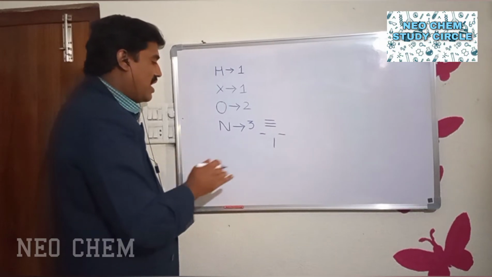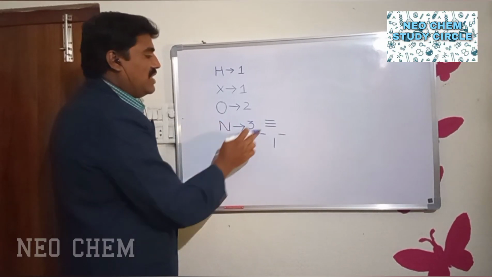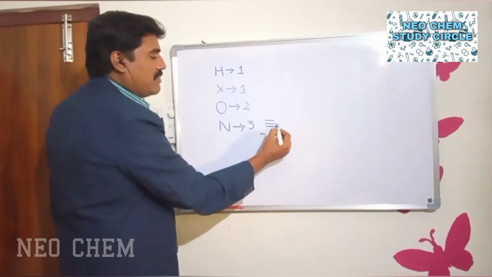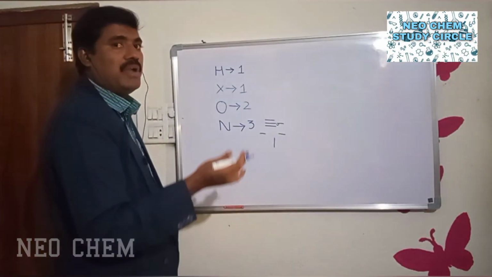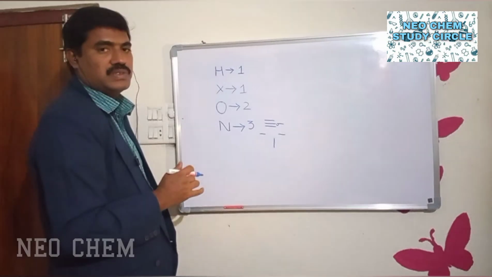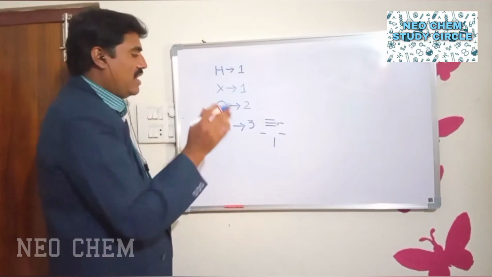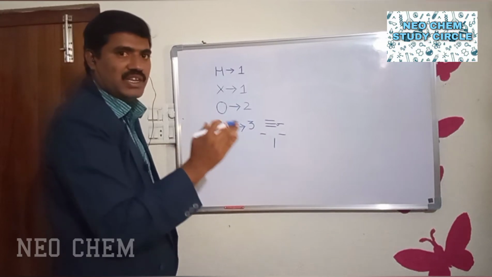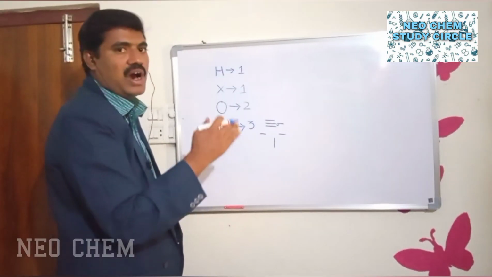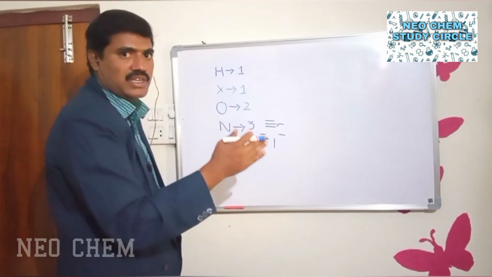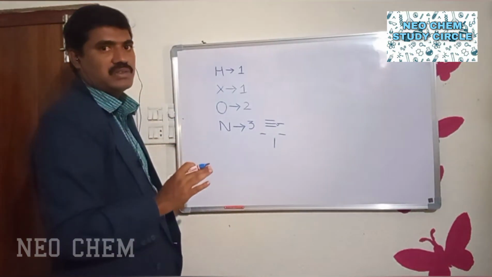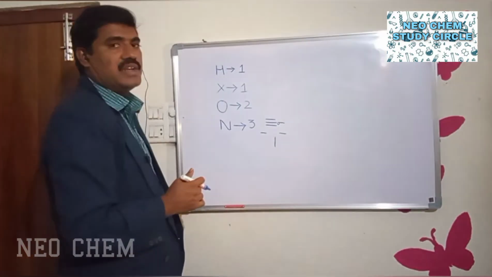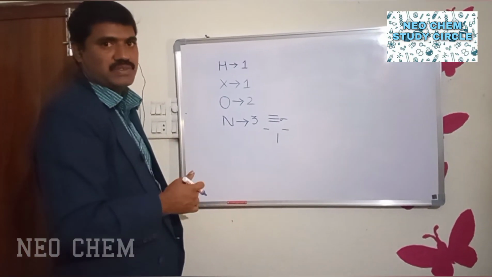If the valency of nitrogen is in the form of a triple bond, only one sigma bond is there, and the remaining 2 bonds are pi bonds. Otherwise, if it is in the form of 3 single bonds, then all 3 single bonds are sigma bonds. These are the valencies of various atoms.